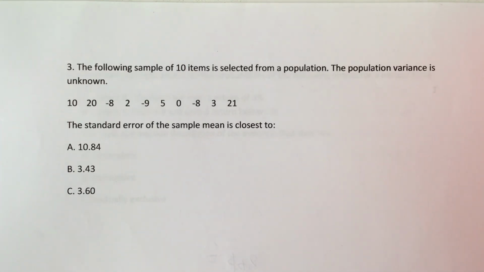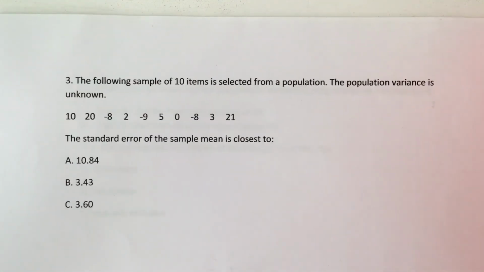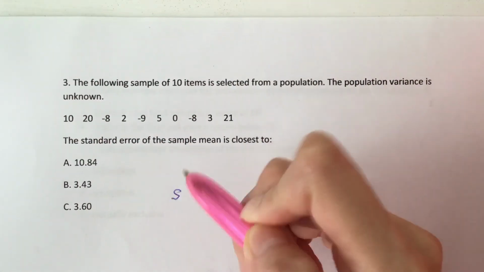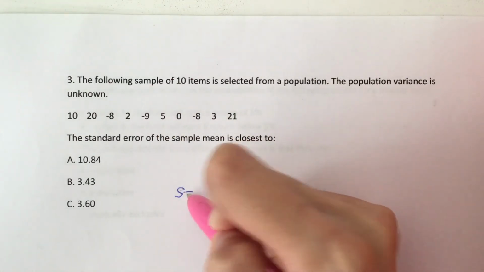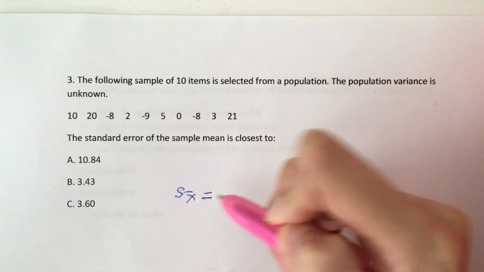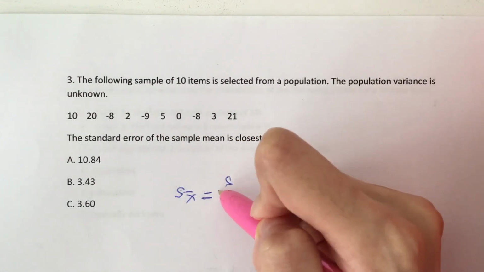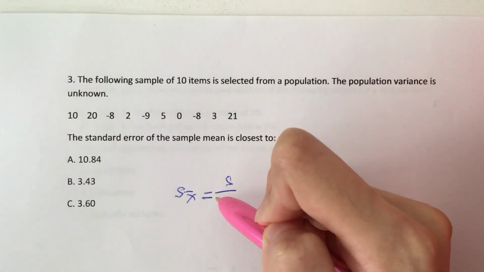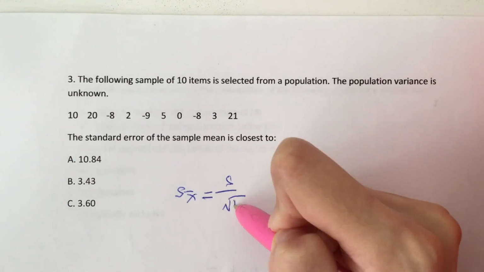When the population variance is unknown, the standard error of the sample mean is calculated as S x bar equals S over the square root of n.